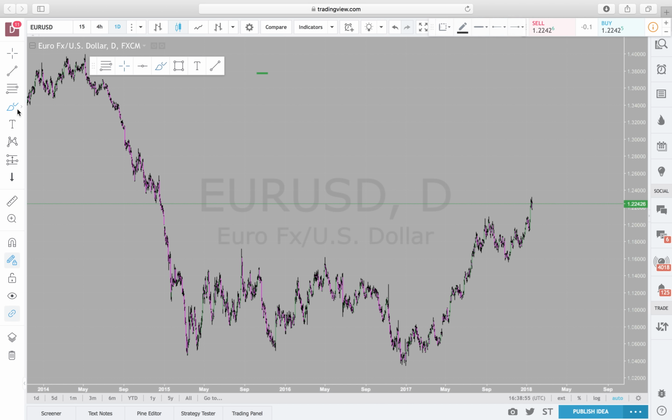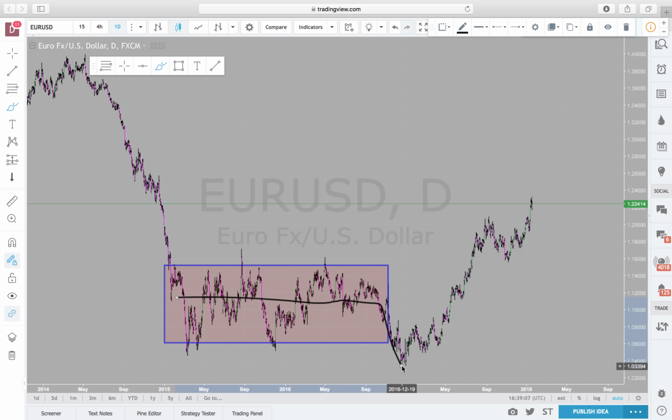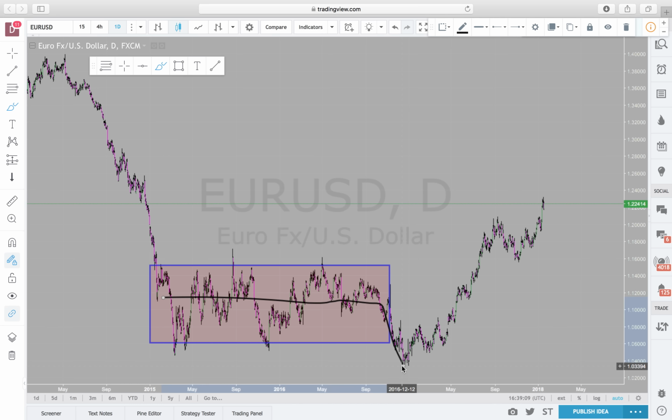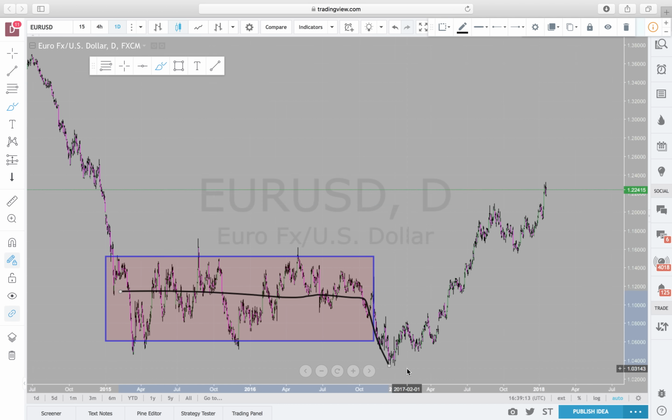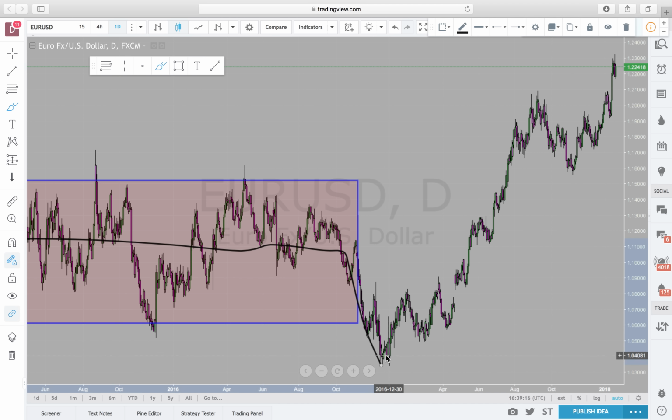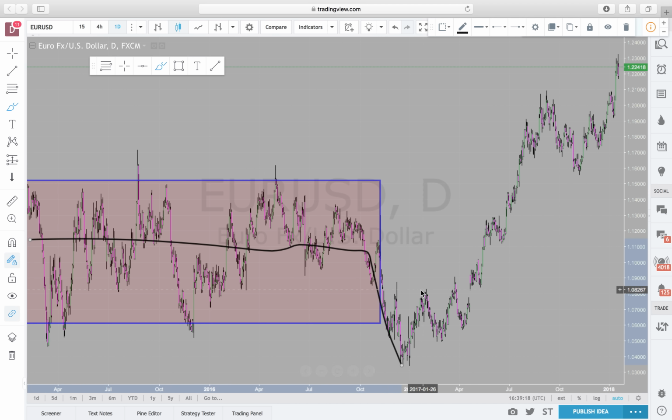Now, this happens on very large scales as well. Consolidation. This is very funny too. Okay, what happened right around 2017?